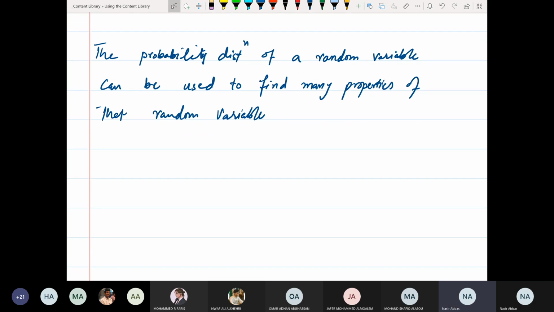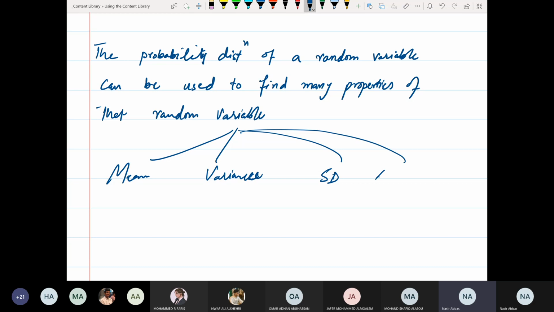For example, what properties? For example, the mean of that random variable, the variance of that random variable, the standard deviation of that random variable, the median of that random variable, and so on, many properties.